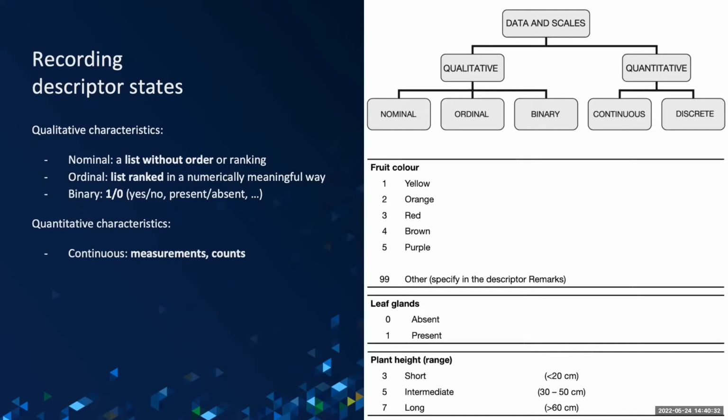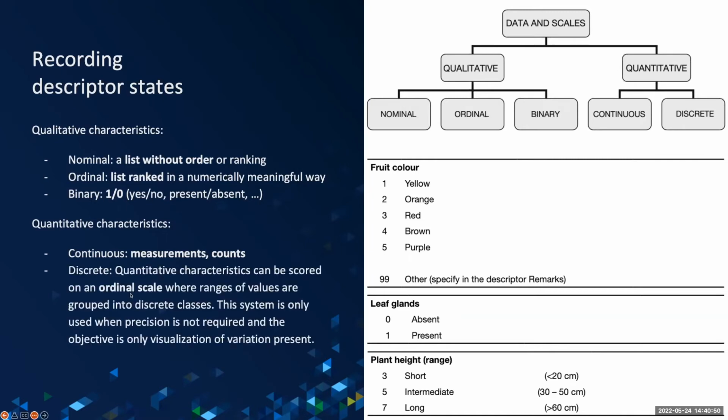And this can assume an infinite number of real values. So basically, it's not a limited set of options. So this is usually what you'll have, where you'll also find the unit of measurement, like meters, centimeters, percentages, counts, and so on. And there's also this discrete section here, and this is a very commonly used way for gene banks to share their data.